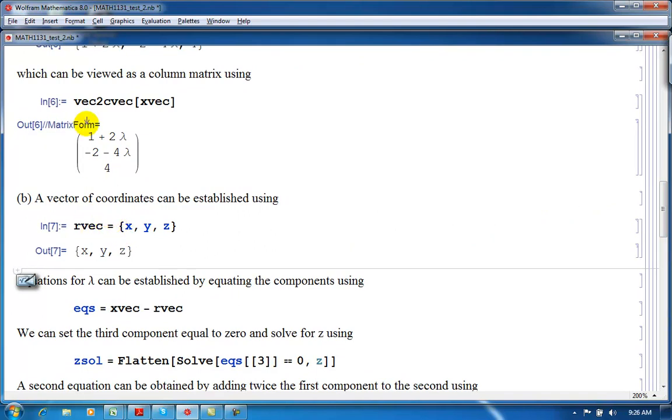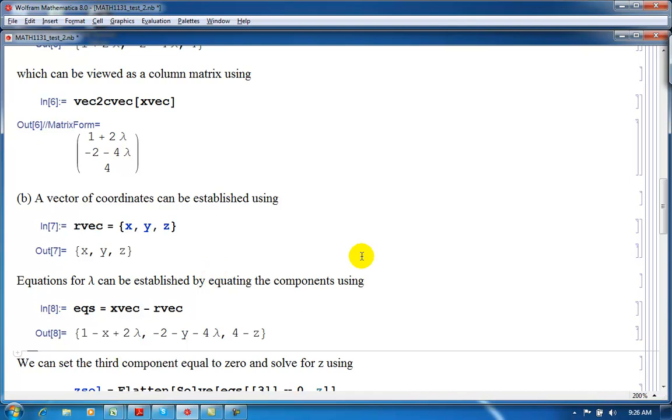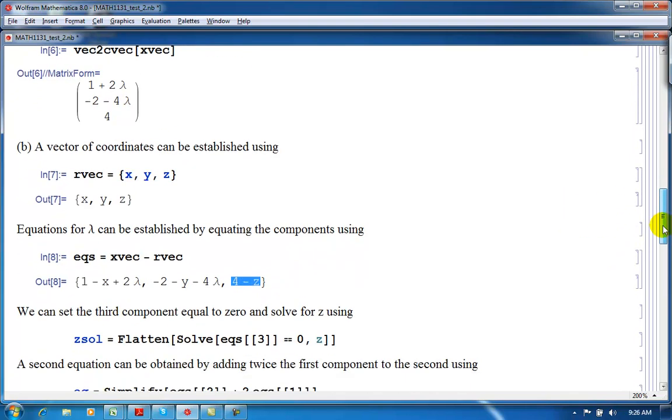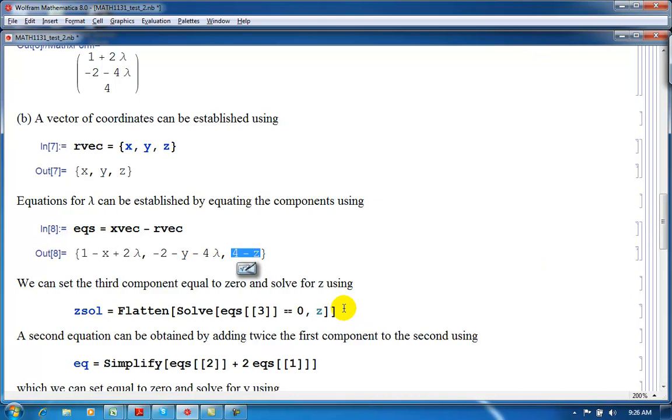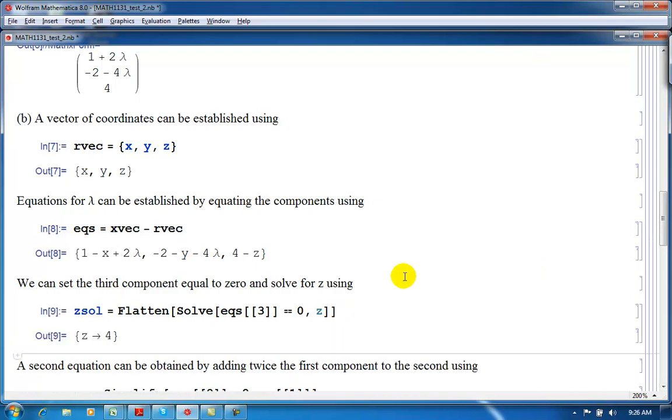If we take this vector away from this one, then each component has to be 0, and they will, so let's do that. There's some equations, and if we look at them, we can see that the last equation is 4 minus z equals 0. So we can find that solution easily enough.